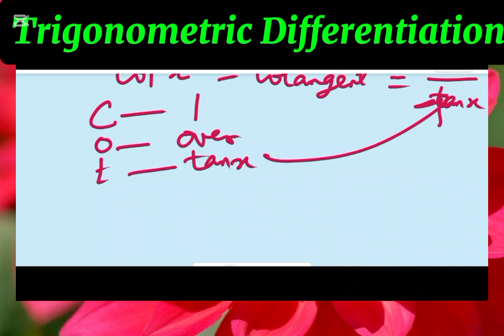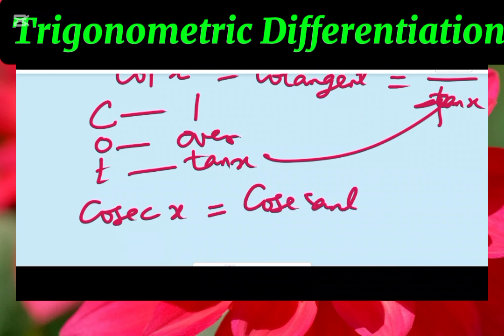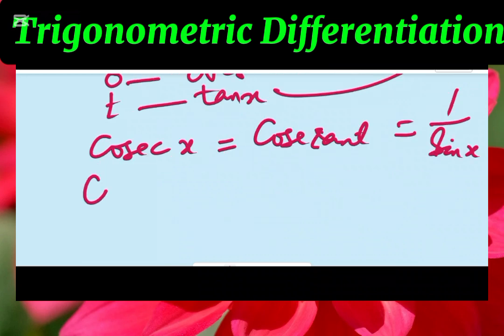So cosecant now, that is cosec x, that is cosecant. And this is 1 over sin x. So here we are using the first 3 letters of the whole thing.